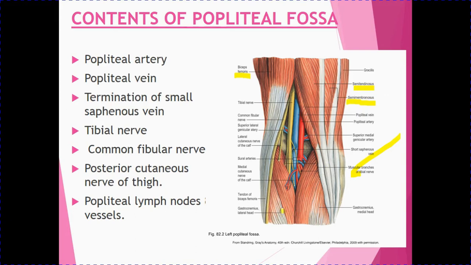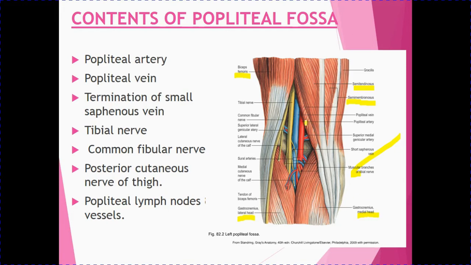The inferolateral boundary is formed by the lateral head of the gastrocnemius along with the plantaris. This is the plantaris. And the inferomedial boundary is formed by the medial head of the gastrocnemius muscle.